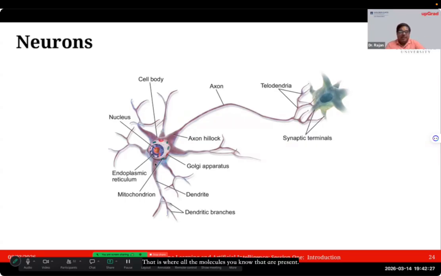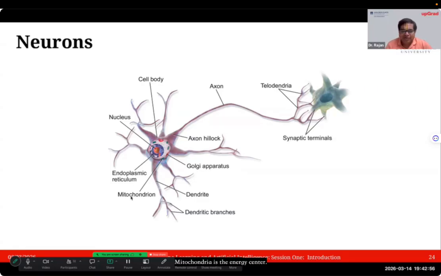That's where all the molecules are present. You might remember mitochondria, for example, which all of us have studied as the energy house of the cell, right? Then some of you might remember Golgi apparatus and names like endoplasmic reticulum, all these different things. They have their own specialized tasks. Some of these are cleaning agents, some of them are nourishing agents.